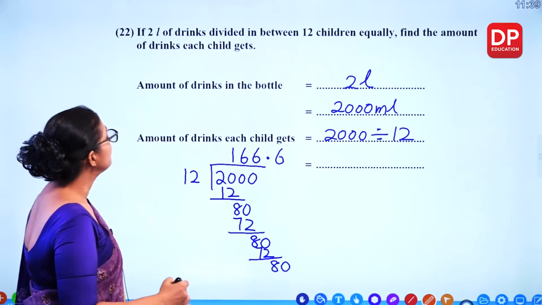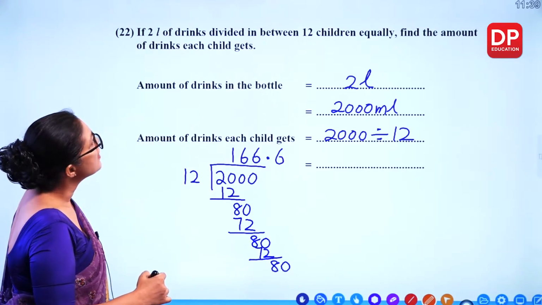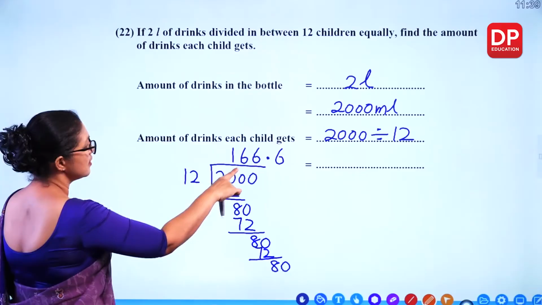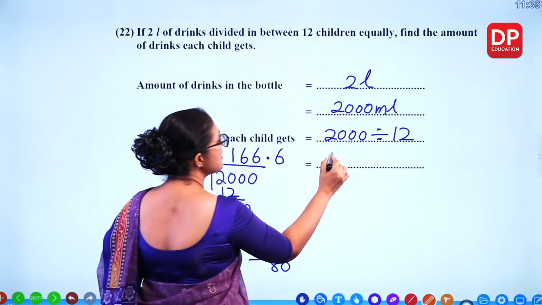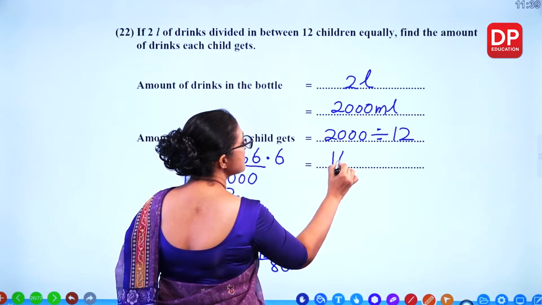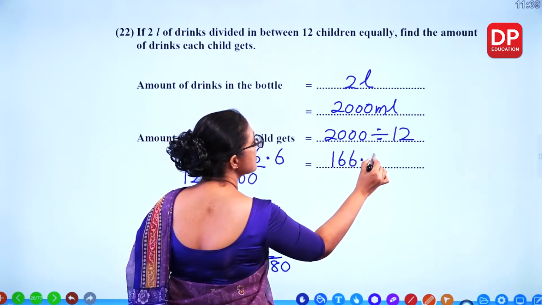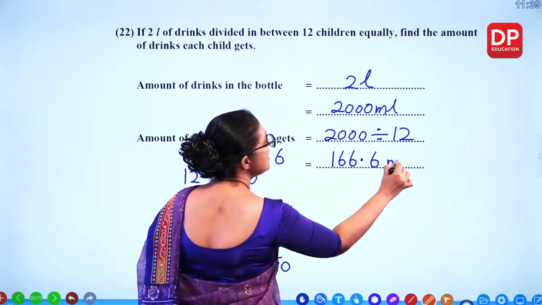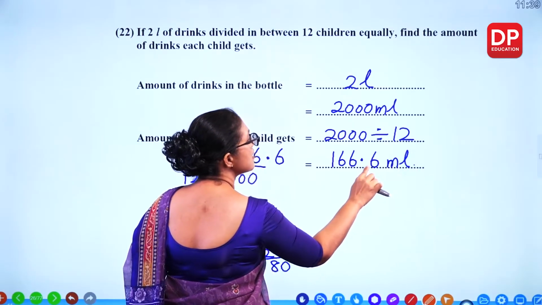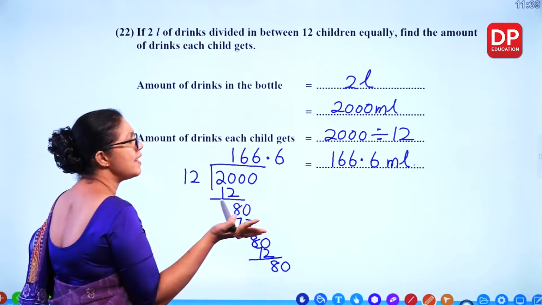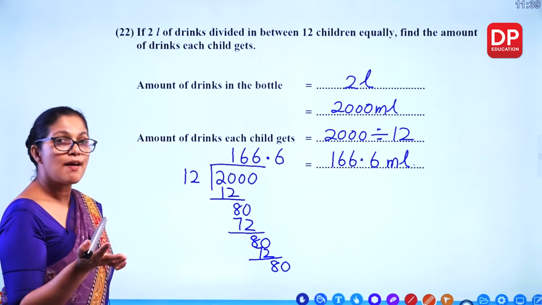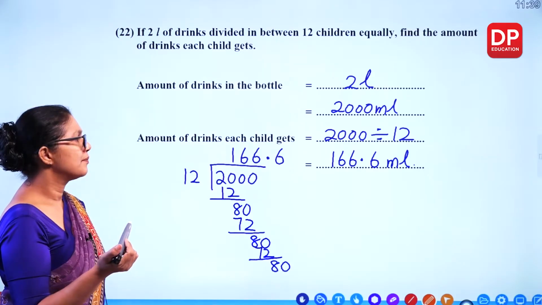So what do we do? Shall we write correct to 1 decimal place? This means 166.6 milliliters. But we can't measure it correctly, so you can round it roughly to 167 milliliters.